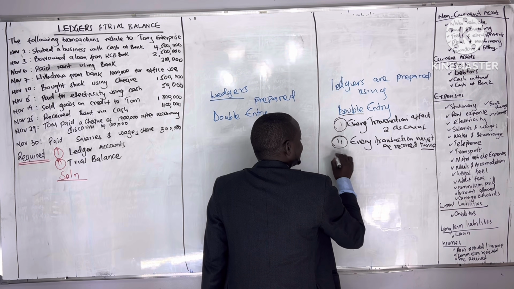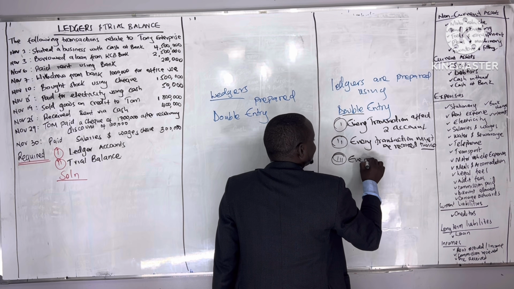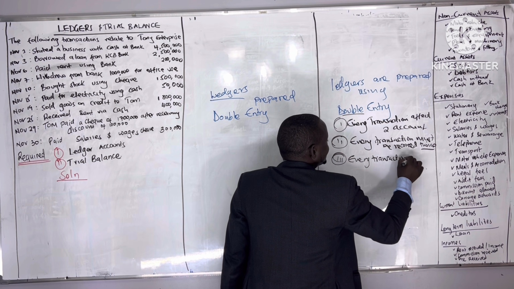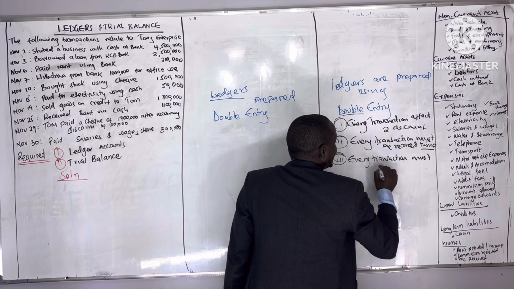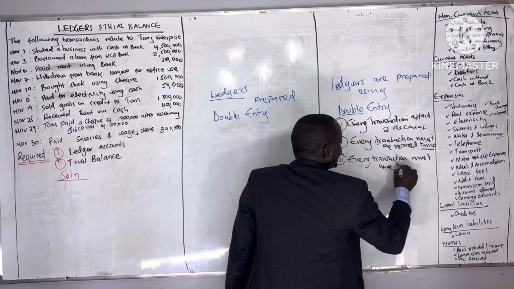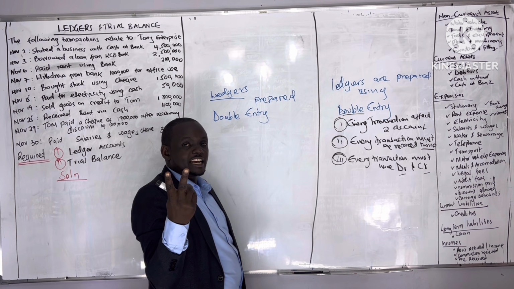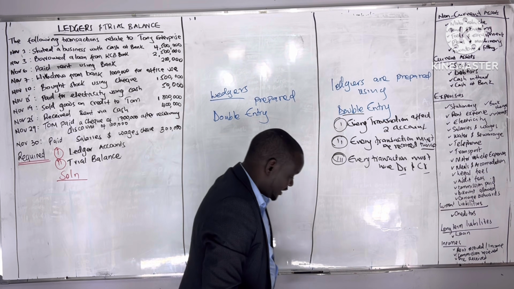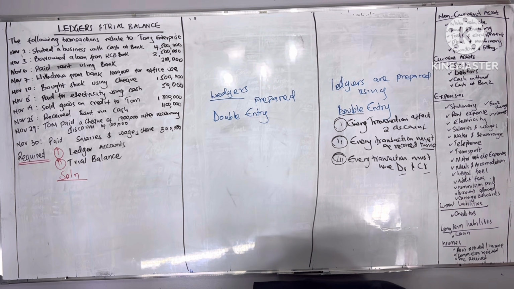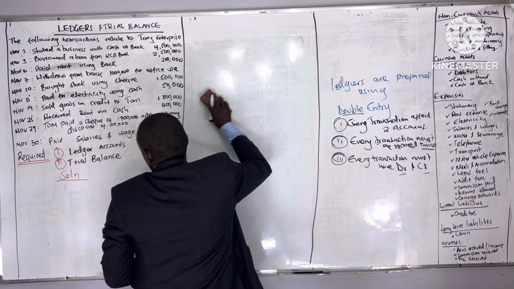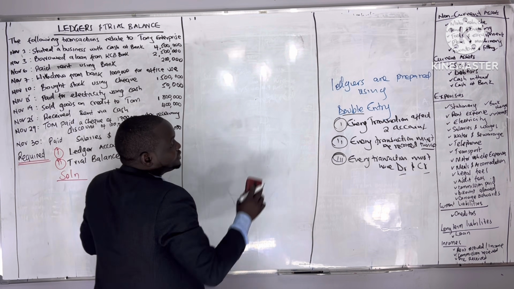Number three, it argues that every transaction must have debit and credit. You can see the element of twice again repeated here. This is what we shall be doing in this video. So let's look at that. From this illustration, we are supposed to do that.